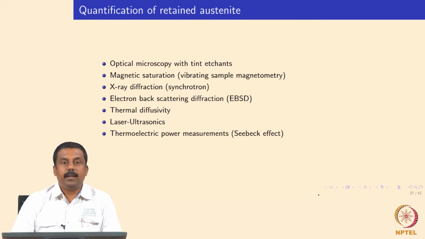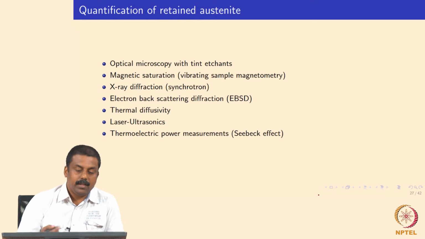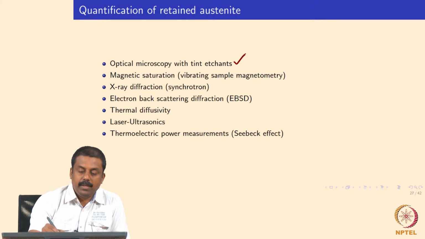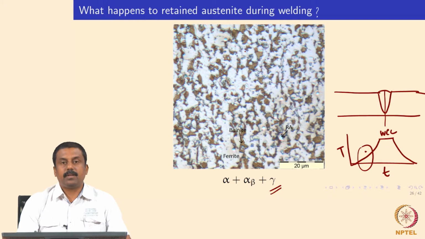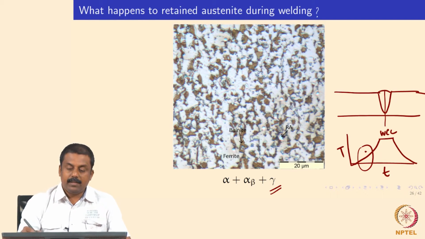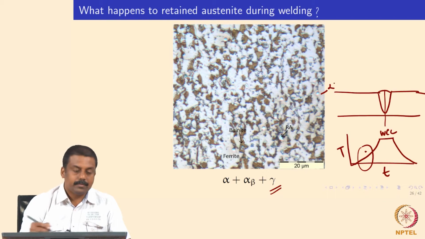So, some of the common techniques we use to quantify retained austenite in steels: you can use simple optical microscopy with color etchants. For example, this microstructure was made using a color etchant, where we can see the presence of 3 phases very clearly.